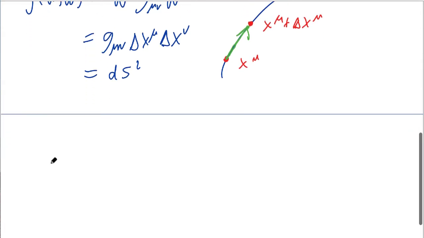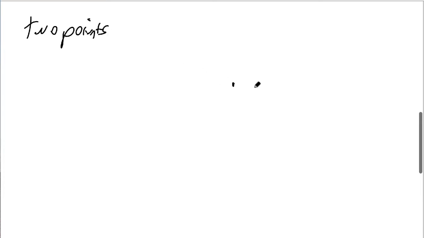So let me turn this around. If we have two points, say point x^mu and another point x^mu plus delta x^mu, and we want to construct a vector that points from x^mu to x^mu plus delta x^mu and has length equal to the proper distance between them, the vector is just this displacement vector.